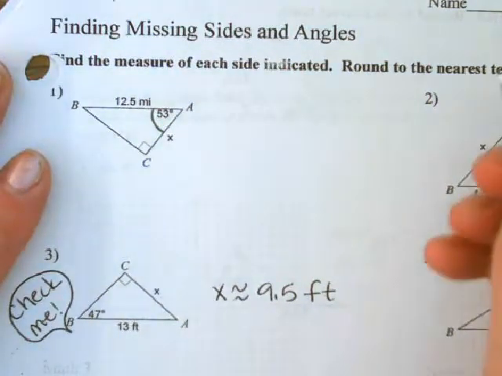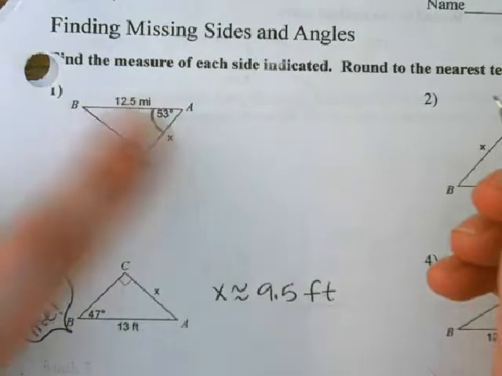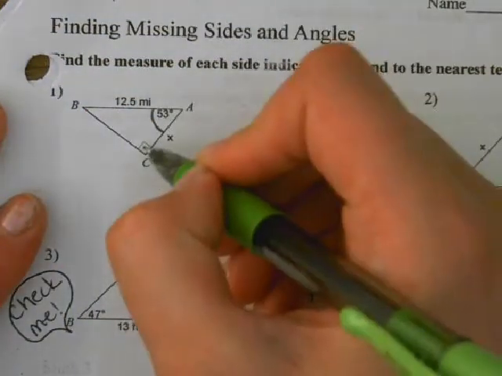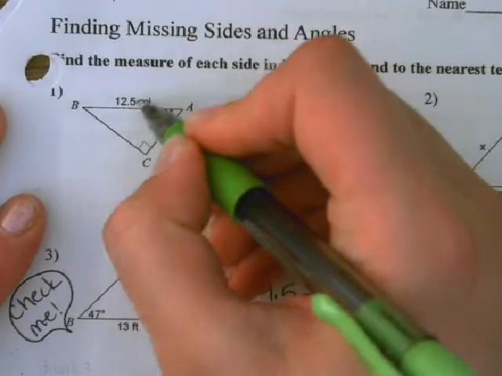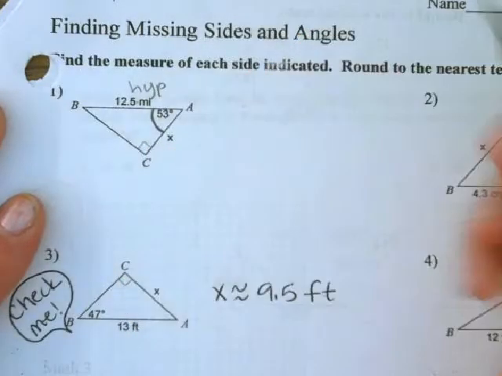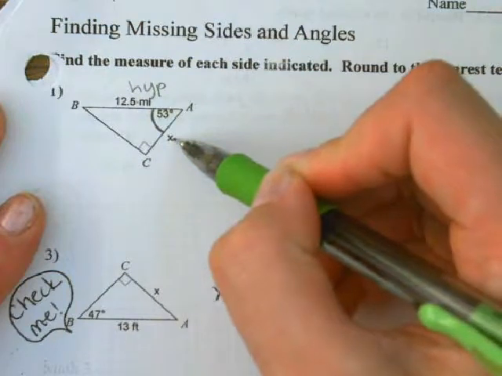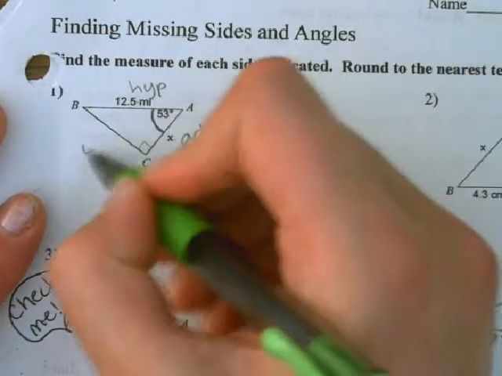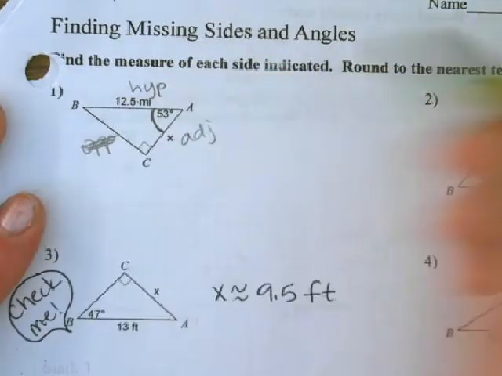So what labels can we put on the 2 sides that they gave us? So yeah, the right angle points to the hypotenuse, so this is the hypotenuse. Yeah, this is adjacent. The side they didn't give us was opposite, so that's not very helpful for us.